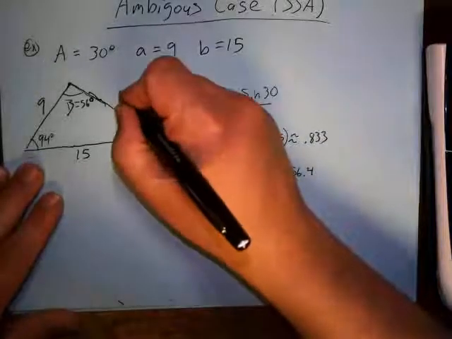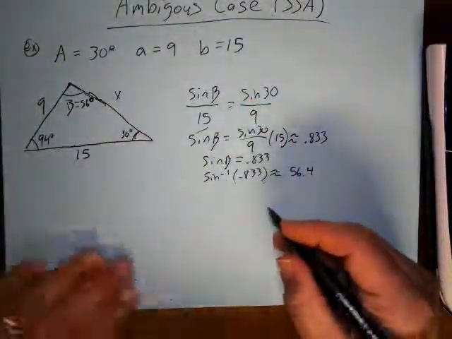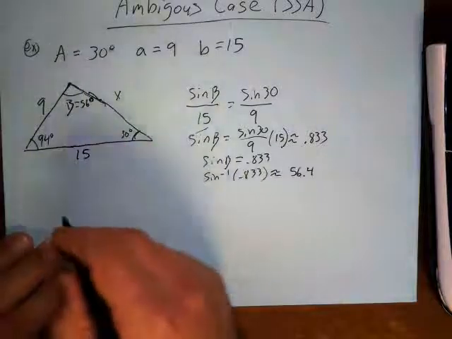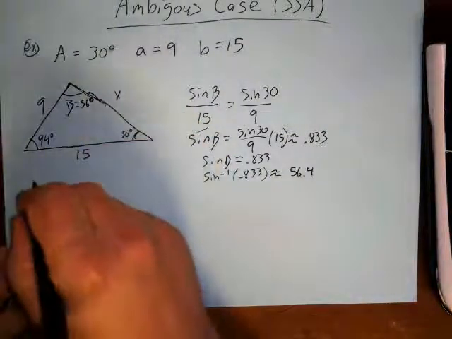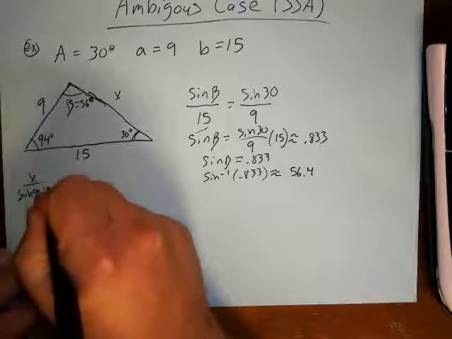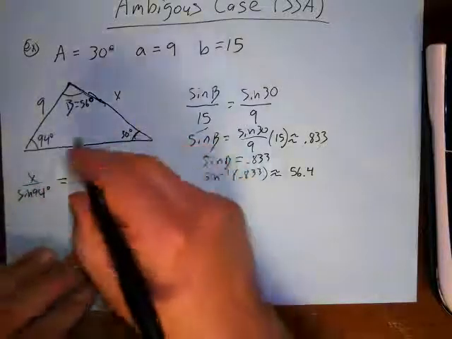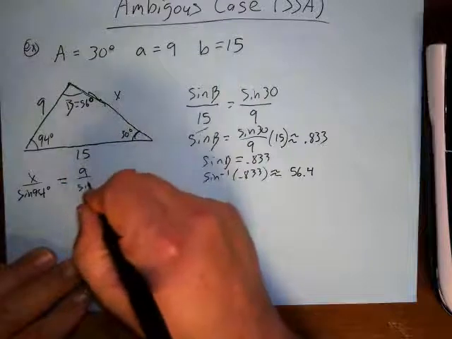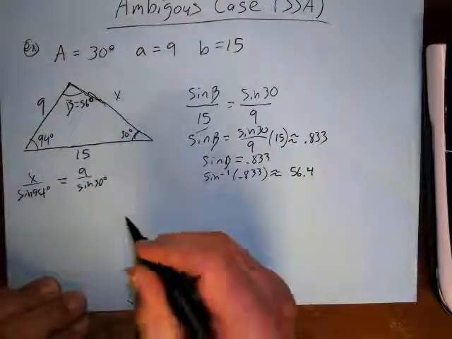Now I can find this missing side, we'll call it x. x is to the sine of 94 degrees as 9 is to the sine of 30 degrees.